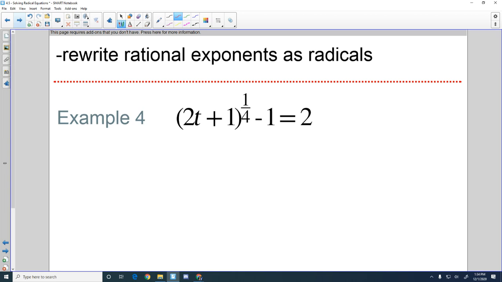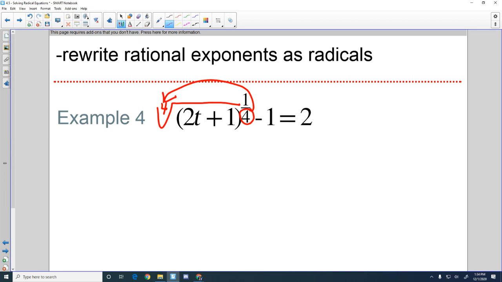Now, the basic thing with these rational or fraction exponents is you simply take that fraction and leave the numerator where it is. But the denominator is what's going to move. We take that denominator and move it in front of that whole term and make it the index of that root. So something to the 1/4 is the same as the 4th root of that base.